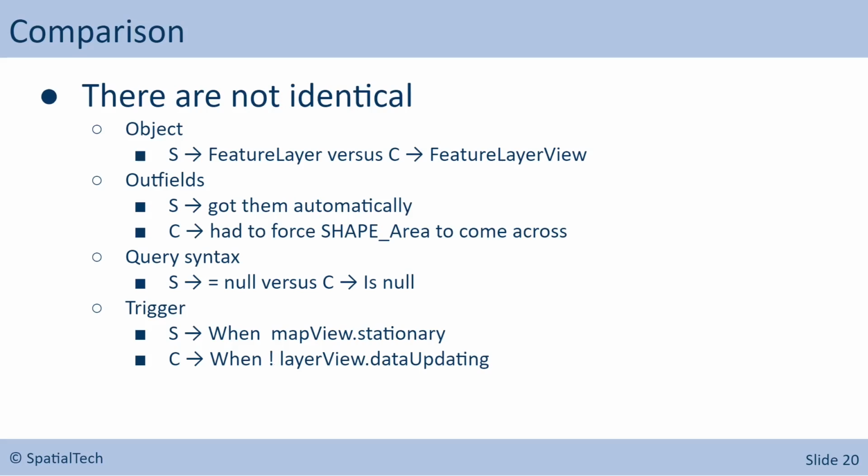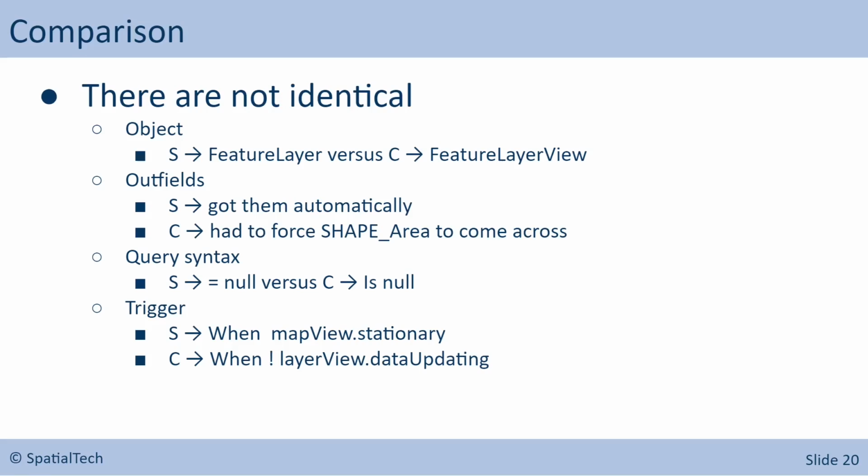And so I have to wait for the layer view to say, hey, I'm not updating my data anymore. What that means is, the map moves and stops, and then the layers figure, okay, we've got to go get more stuff. So they go back to the service and pull the data over, and they also have to apply symbology, I think. If you dig deeper into the help, that's what they say. As much as I love docs, the truth is in the code. We find out if something in the docs isn't quite the way it is in code.